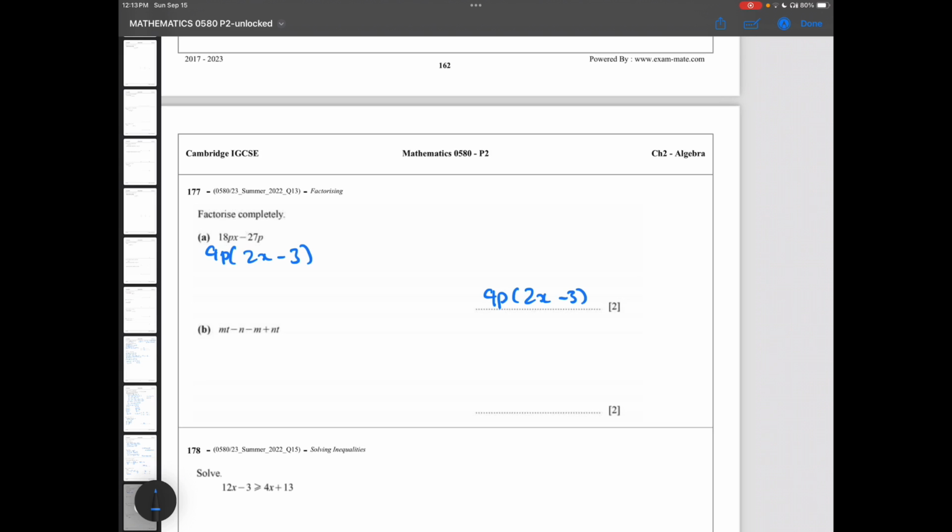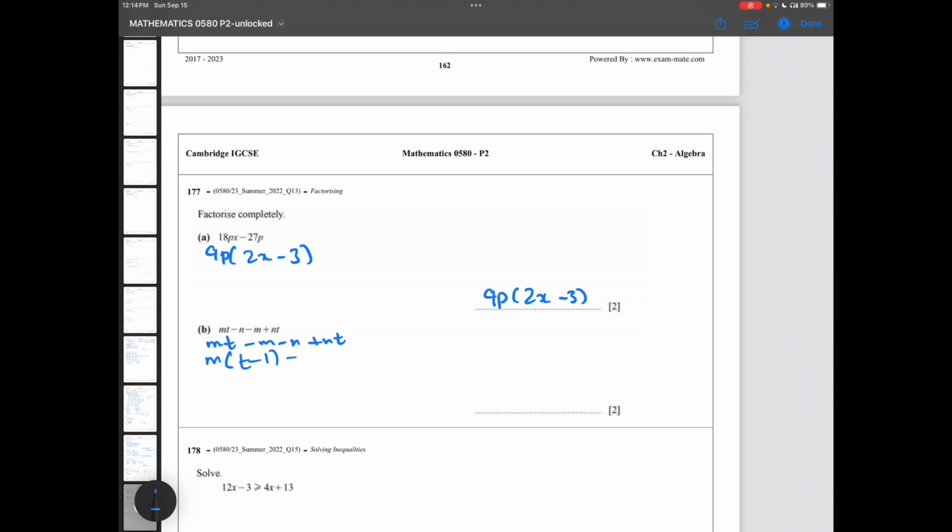In part B, mt minus m plus nt. So I'm just going to change the order of the expression over here. I will write mt minus m plus nt so I can take the common easily. Now m is the common from the first two terms. I'm left with t minus 1. Then the common is minus.